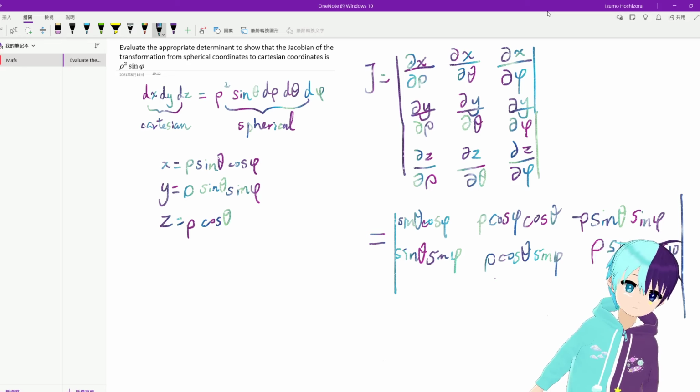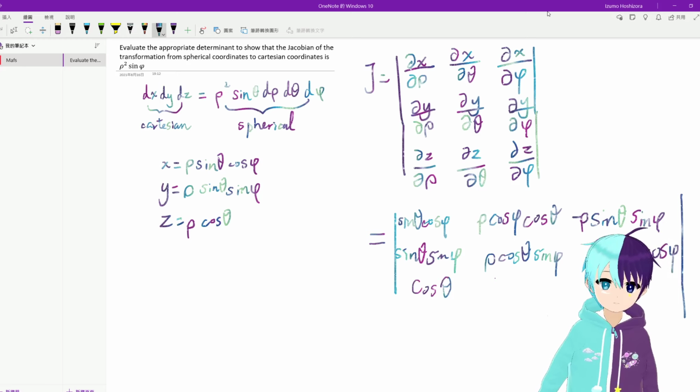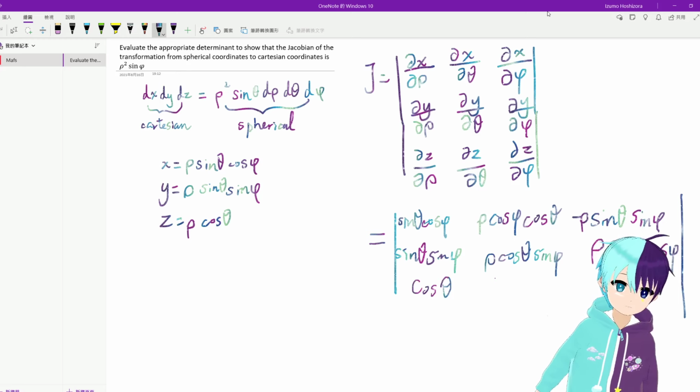And for the third row, the first item would be cosine theta with respect to rho. The second item would be negative rho sine theta. Because we don't have phi, the last one would be 0.